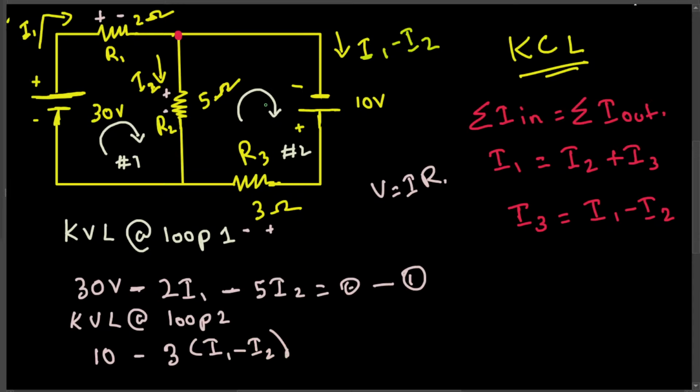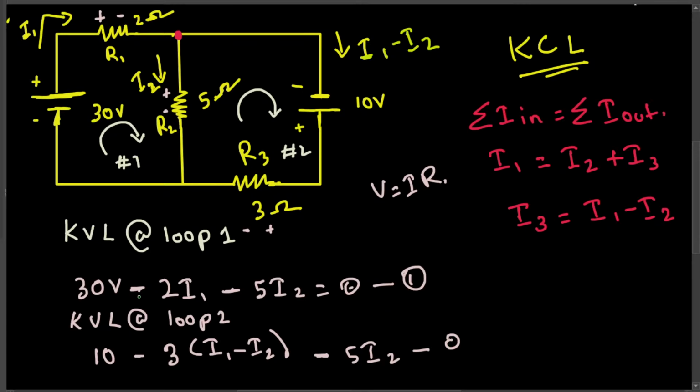And then, we know that the current passing through this resistor is I2, but if I am going this way, the voltage is going to be negative, and the current direction is opposite, right? So this is going to be negative right here, and then we are going to have 5 I2, and that is equal to 0.